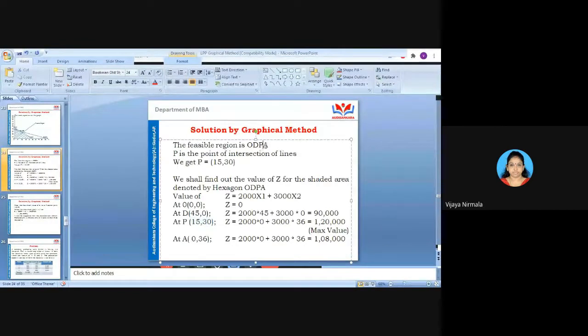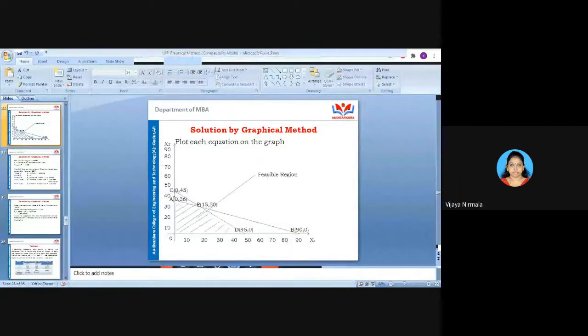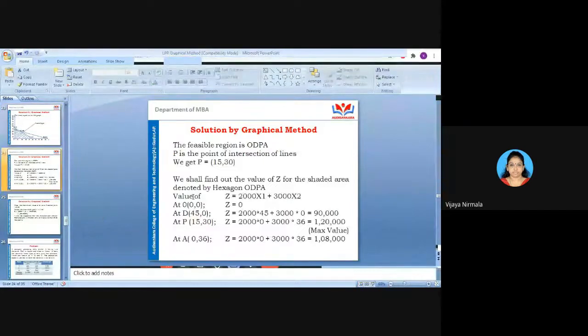And what is the value of A? The point is (0, 36). So these are the x1 and x2 values. Substitute these values in the Z equation and find out the value of Z at these points.